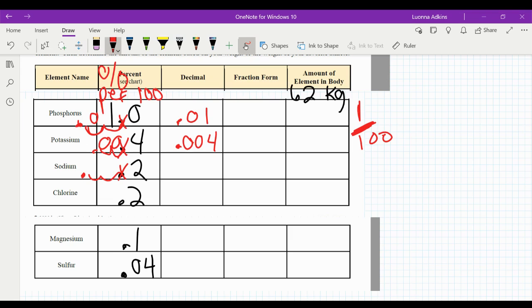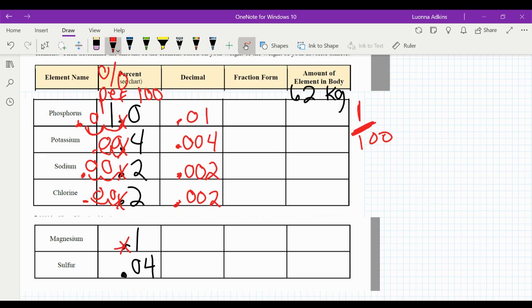That becomes 0.002 or 2 thousandths. Chlorine is the same, so move 2 places, fill up those spaces with a 0, and it becomes 0.002 as well, 2 thousandths.